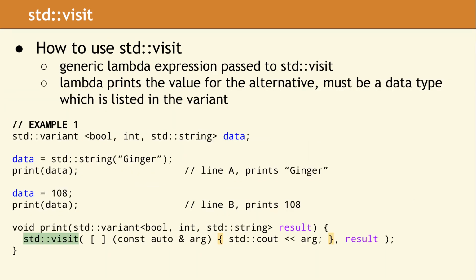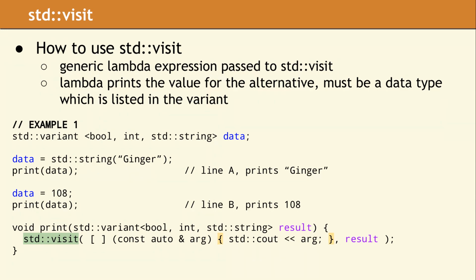In this code, we start by declaring a simple variant and then show two examples of how to assign a value to the variant and then call a print function. Our print function receives one parameter, which is the variant data. You could have defined the variant with a using statement, so the data type in the parameter list could be simplified for readability.